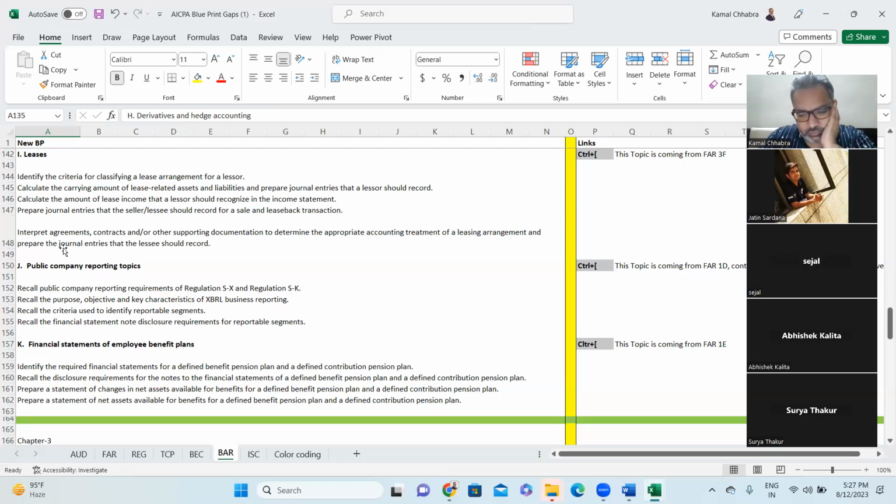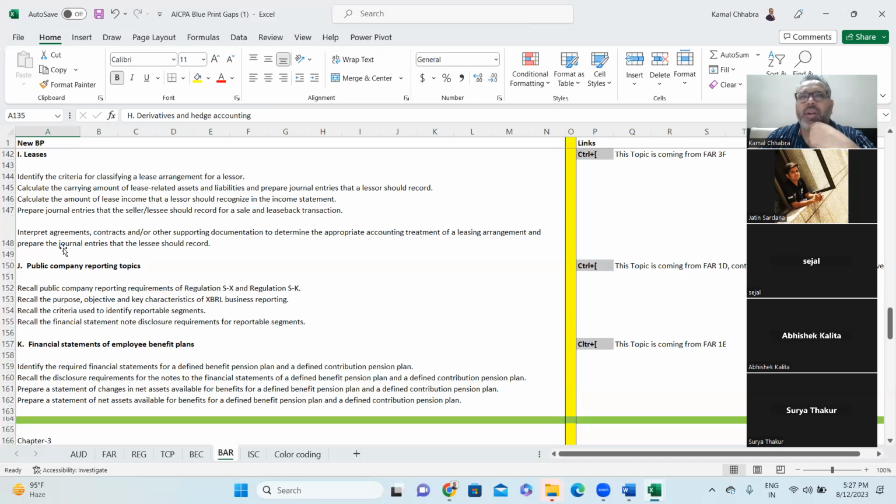Securities and Exchange Commission. Like SEBI in India, in the US it is called SEC.